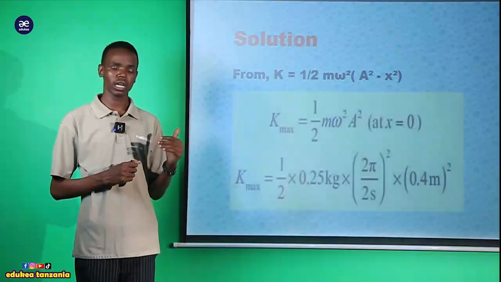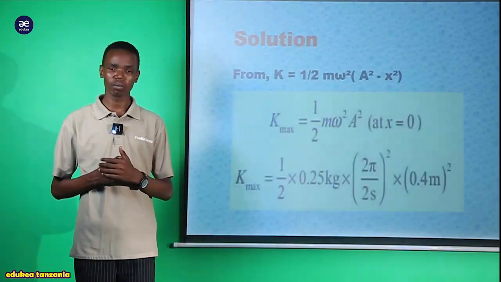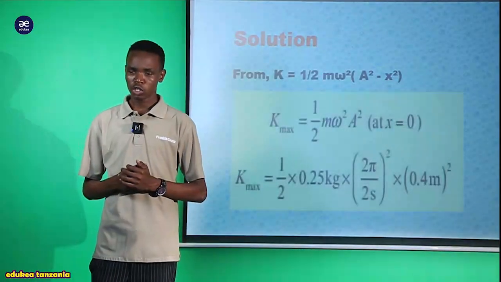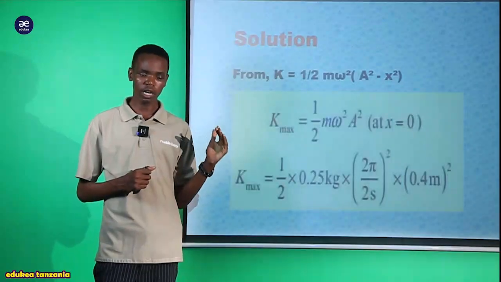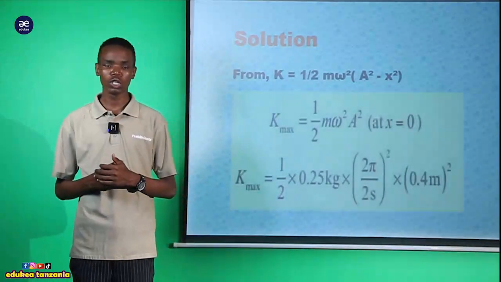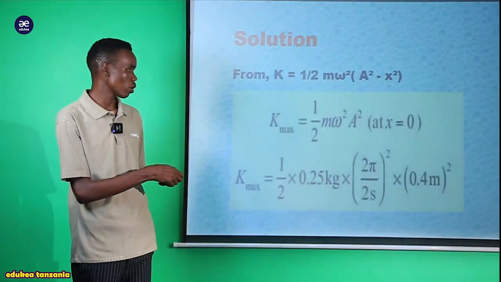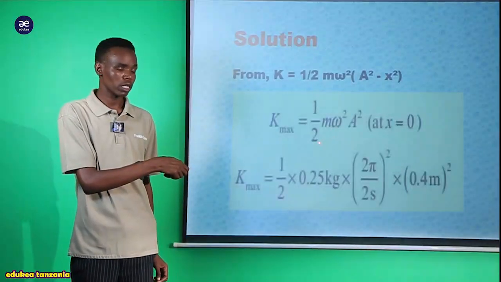So let us reflect on our question, take the values we have been given, and substitute into our formula. We have the value of the mass, which is equal to 0.25.